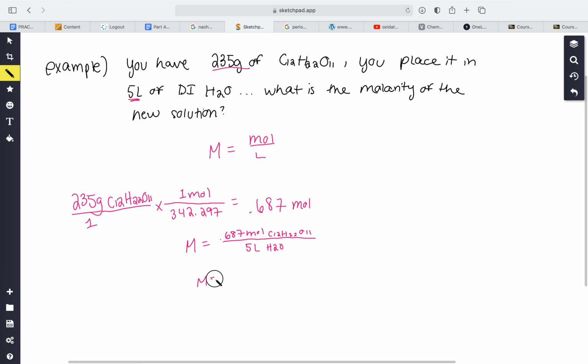So the molarity is going to be equal to that number divided by 5, and we should get something like 0.137, but again, we're going to round to 1 sig fig, which will give us 1.1 molarity.